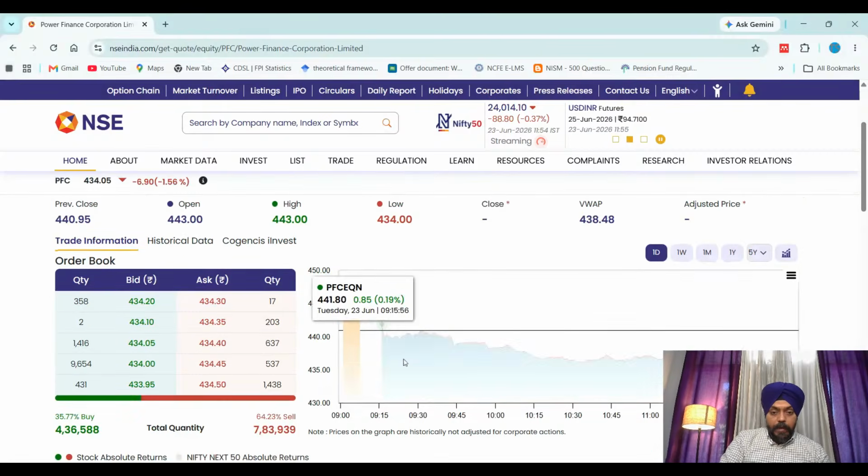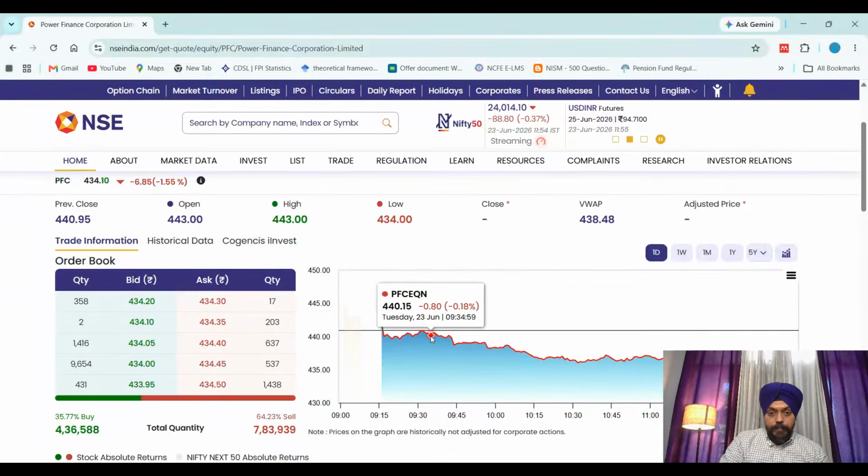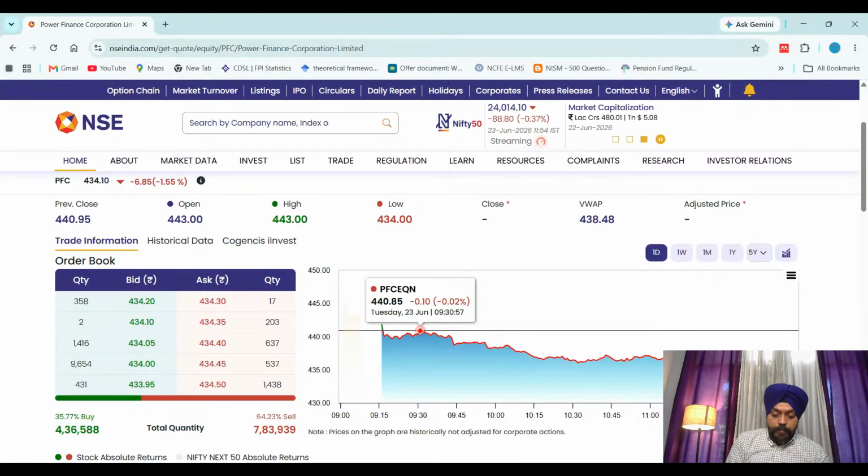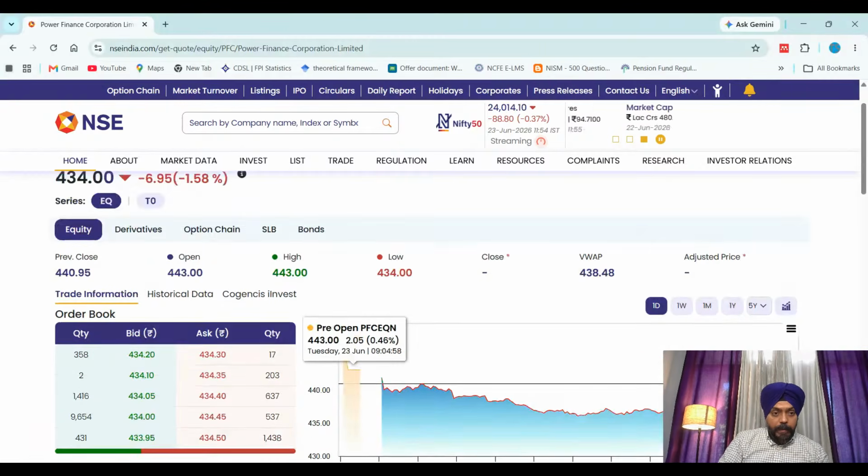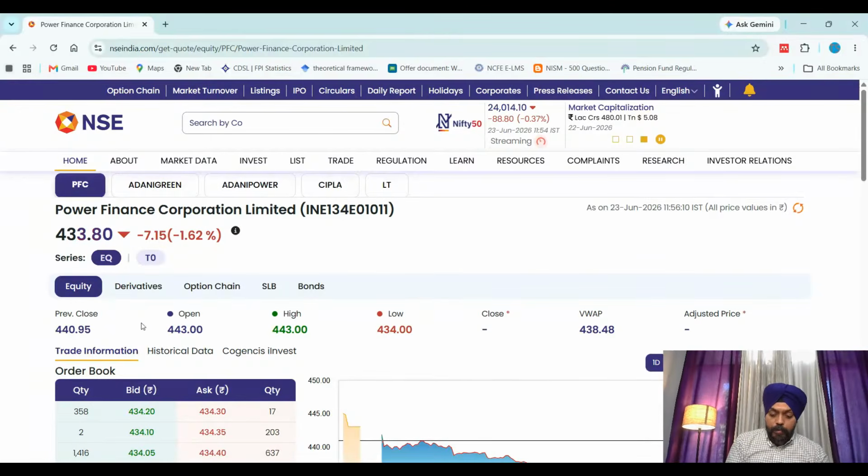The PFC 9:30 AM price was 440.85, so let's consider it 441. Then I will also check the LTP. What is the LTP right now? You can see it is 433.8, about 434.